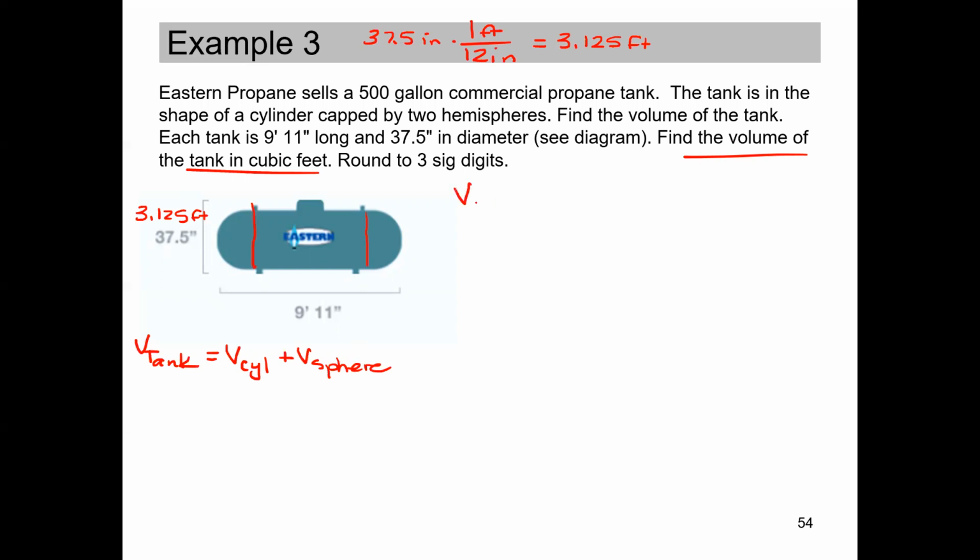So the volume of the cylinder, if I want to write down the formula for that, what is the volume of a cylinder's formula? Anyone want to give it? You can refer back to the slide that had it.